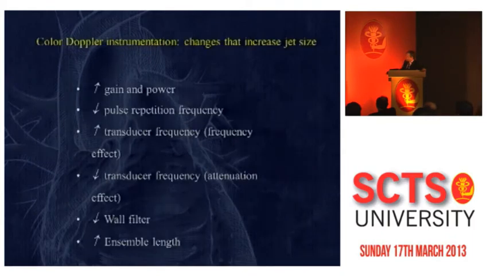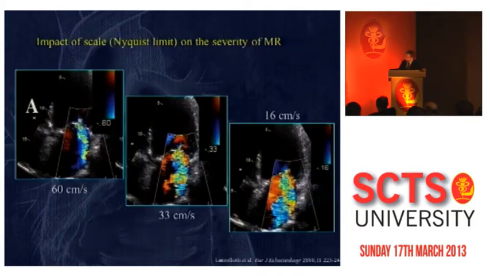But as I said, there are several factors from the machine that can affect the appearance of the jet, and this is for mitral regurgitation. The first which you have to look at, although you're not echocardiographers, but you're looking at these images every day, is the encoding velocity. And you see here it's 60, that's the right one. It should be the highest possible for the machine.